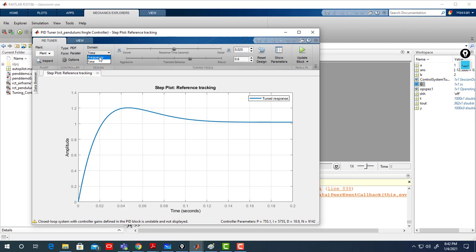I can go and find it in the frequency domain, 90, 80. Well, I can keep it this way, so it seems fine. Okay, block updated PID.